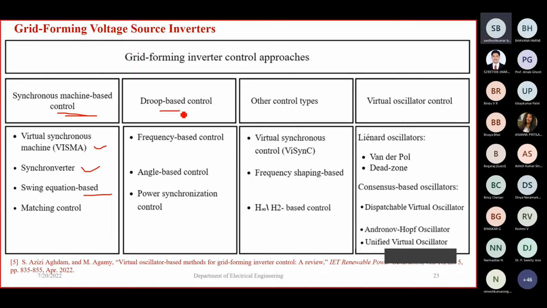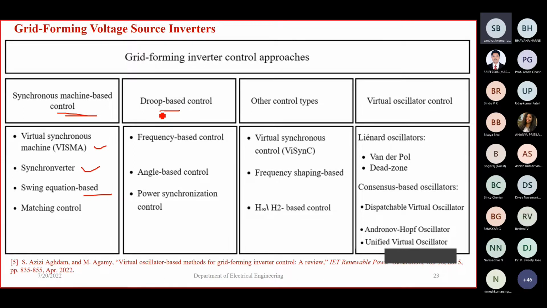Droop is also inspired from the conventional synchronous generator, from the droop characteristics of the synchronous machine. Here we are trying to imitate those dynamics in the microcontroller, so that's why we call it a virtual synchronous machine.